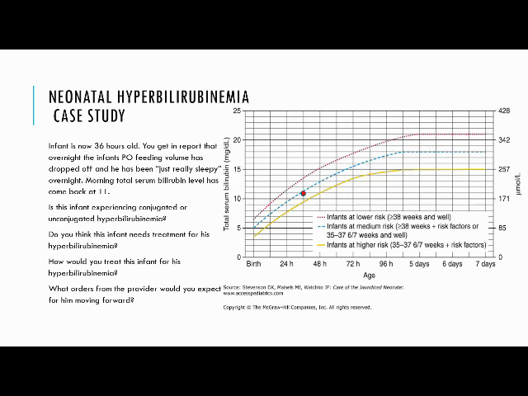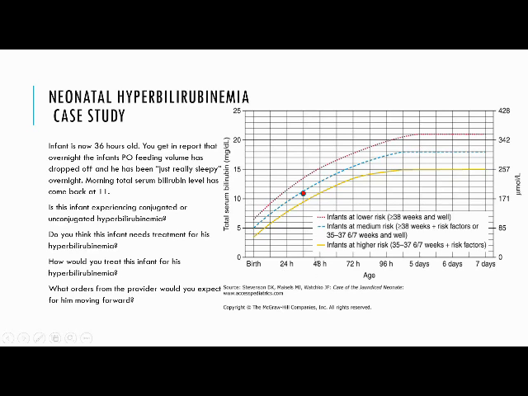Think about where your 3.8 was. Down here. And now we've got crossing of percentile. Just a little bit. Not very bad though, but do you think this infant's experiencing conjugated or unconjugated hyperbilirubinemia? Still unconjugated. Do you think this infant needs treatment for his hyperbilirubinemia?